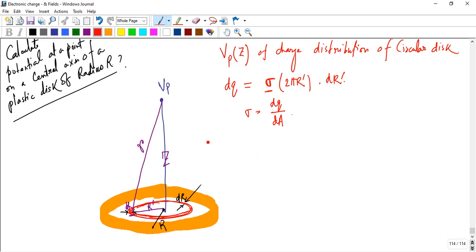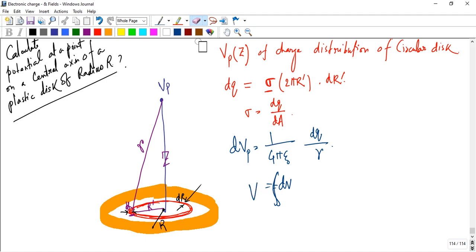Potential at point P is 1 over 4 pi epsilon naught times dq over r, so this is dVp. Integrating dV we get V equal to 1 over 4 pi epsilon naught, sigma 2 pi r dash dr dash over r.